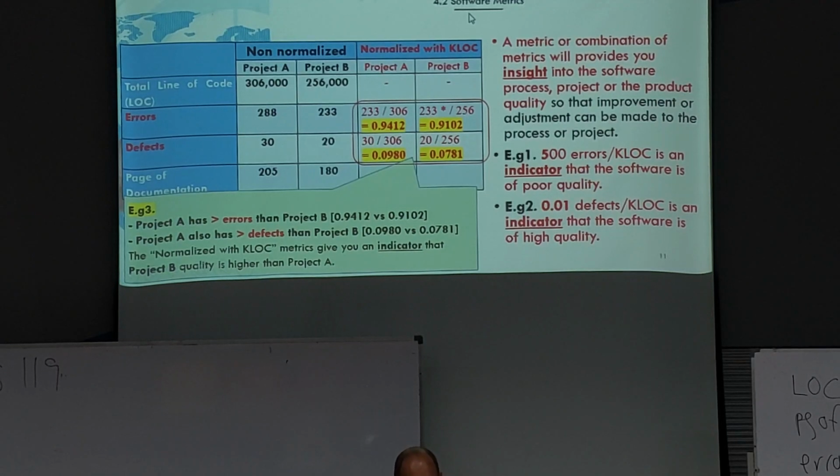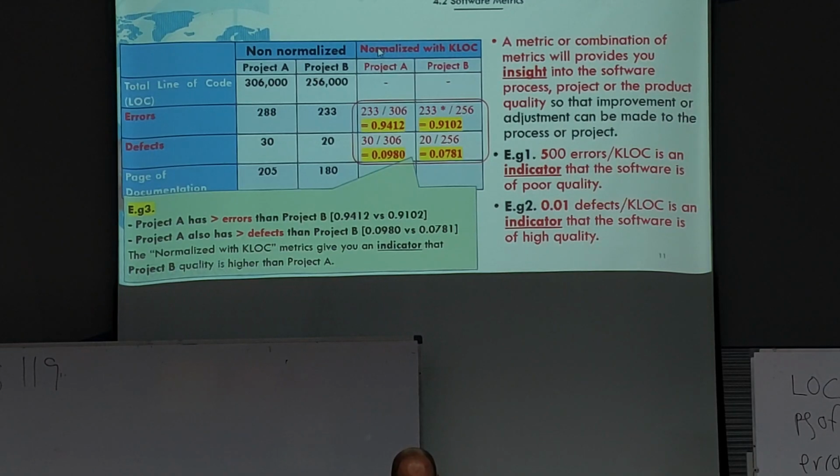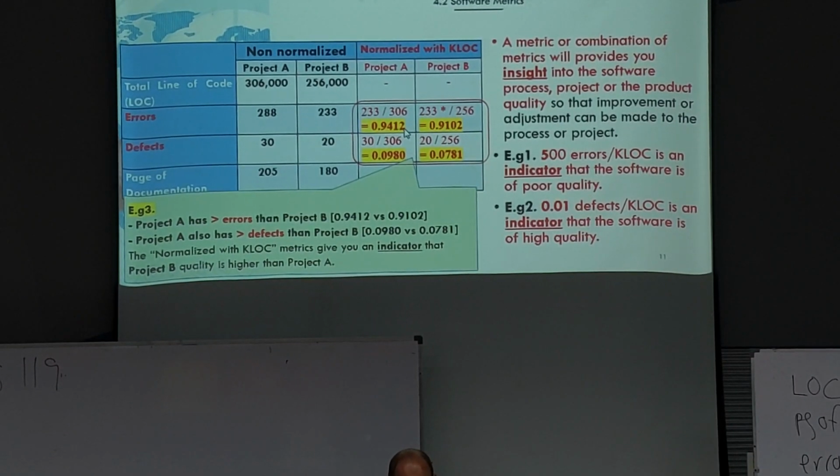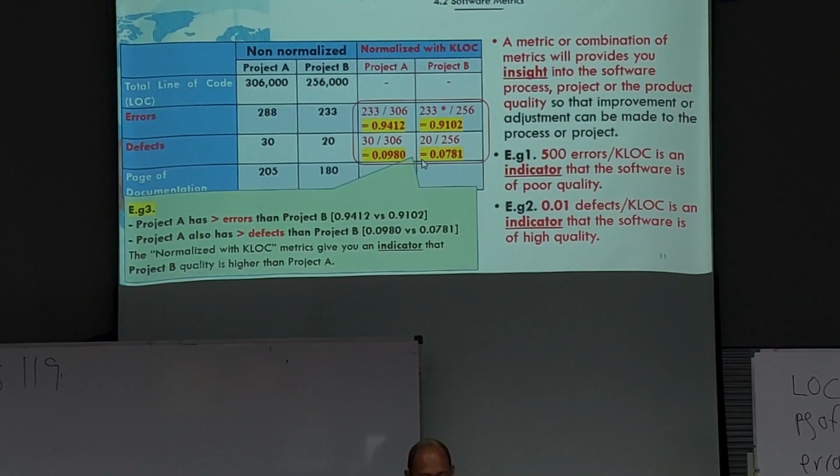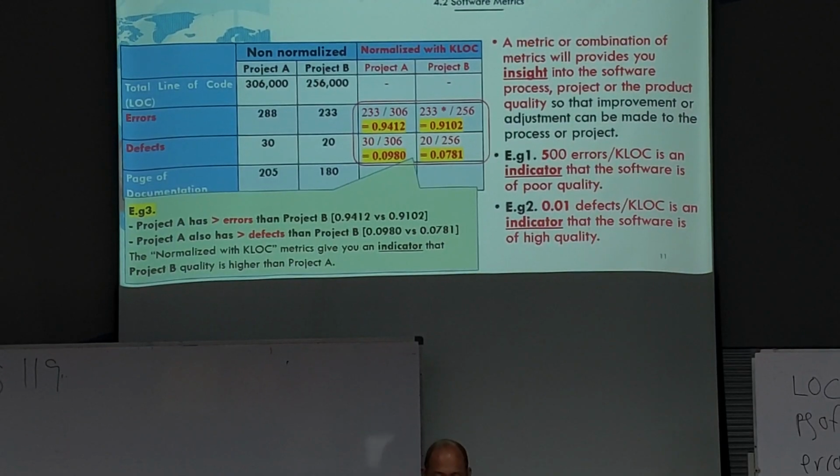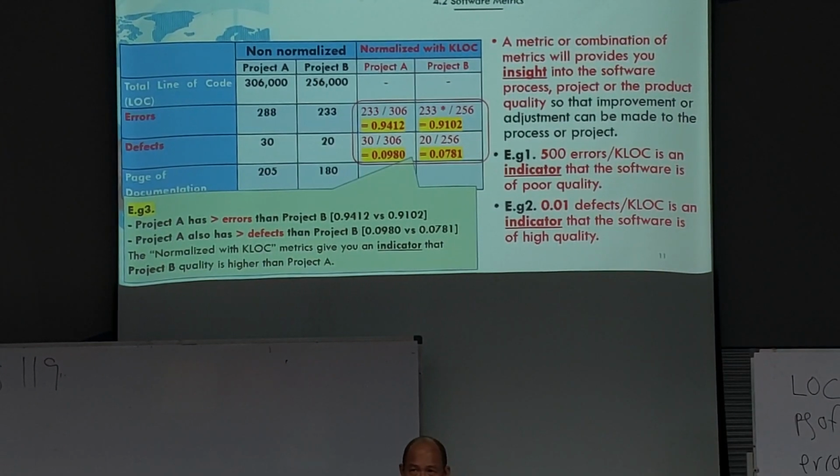So coming back to this example, referring to the normalized metrics, normalized with 1,000 lines of code, project A has more errors than project B. We look at these two numbers here. Project A also has more defects than project B. So this gives you an indicator that project A quality is lower than project B.